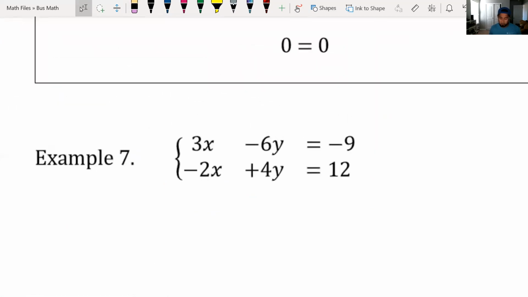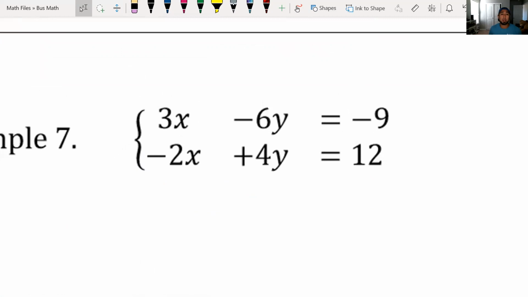So we start with example 7, and we have 3x minus 6y equals -9, and -2x plus 4y equals 12. Well, I'm going to do 3 and 2 because their common multiple is 6. If I choose 6y and 4y, their common multiple is 12, which is way bigger than 6. So it's going to be easier to do 3 and 2.